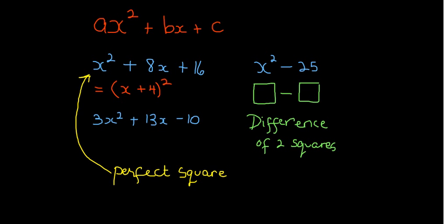And the difference of two squares, on the other hand, would be something like this. It's the same numerical value, like x plus 5, so same terms but different signs. So this is a difference of two squares factorized, and this is the perfect square factorized.